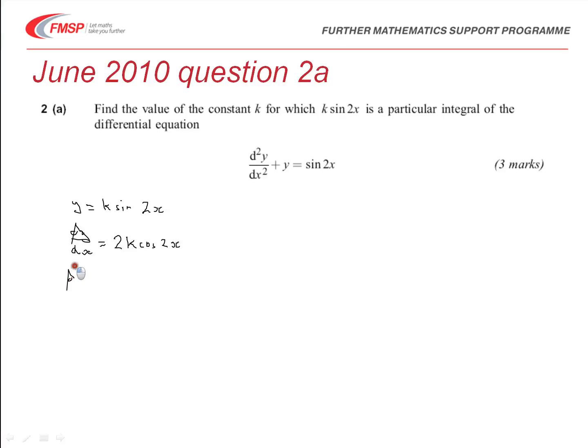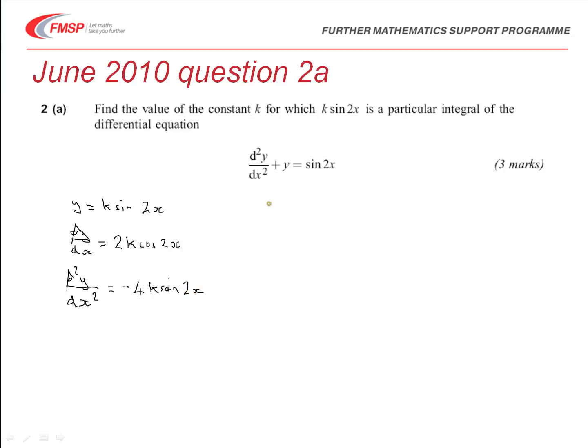And then we get the second differential, differentiated again, differential of cos being negative sine, so this will become negative 4k from differentiating the 2x, sine 2x.